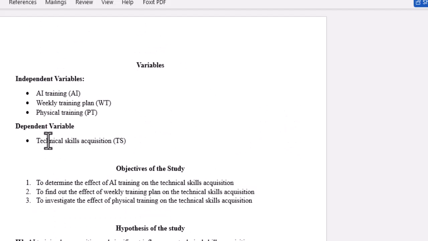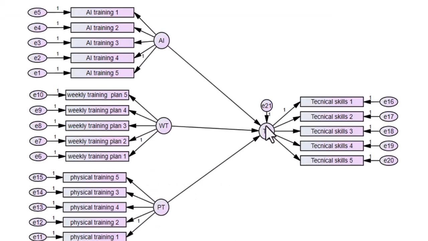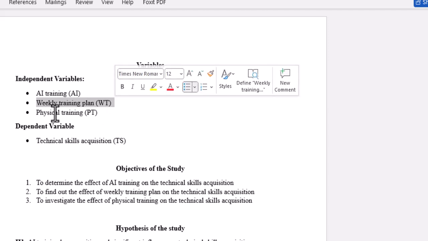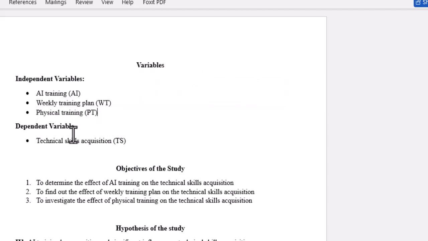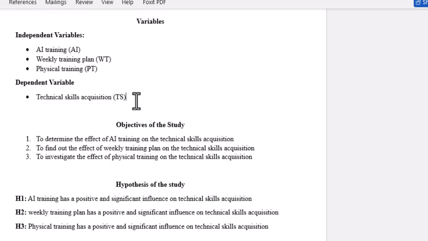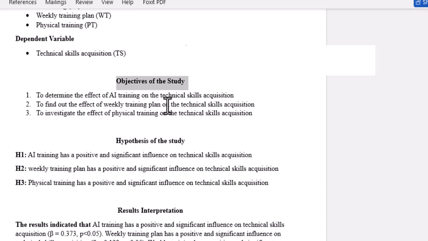Then we have the dependent, which is technical skills acquisition, our TS here. So we are measuring how these 3 affect technical skills acquisition. In other words, how does AI training, weekly training plan, and physical training affect technical skills acquisition.